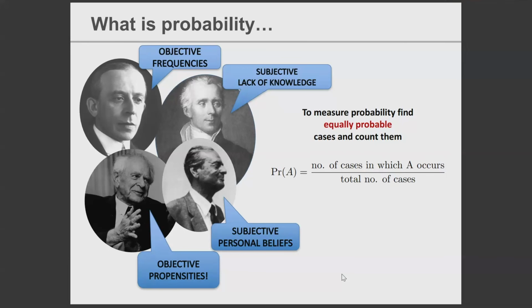Even if you take this particular definition of probability that probably many of you came across at school: if I want to calculate probability, I consider the set of all possible events, and then I take the events relevant to what I want to measure. So for the probability of some event A, you take the number of cases in which A occurs and divide by the total number of cases.